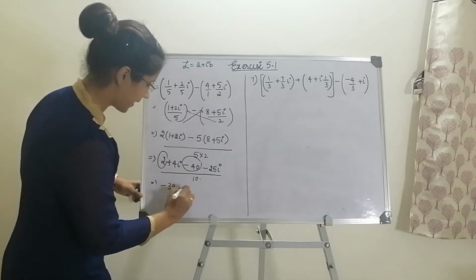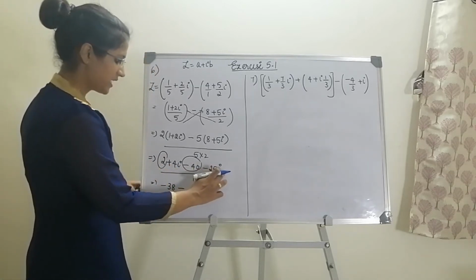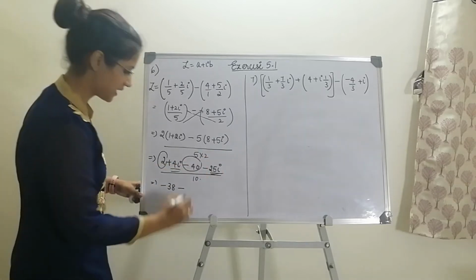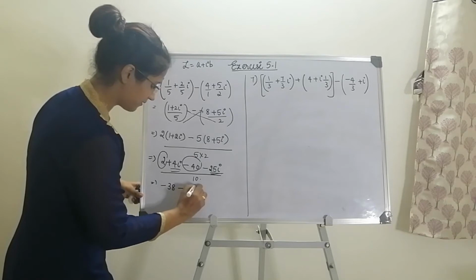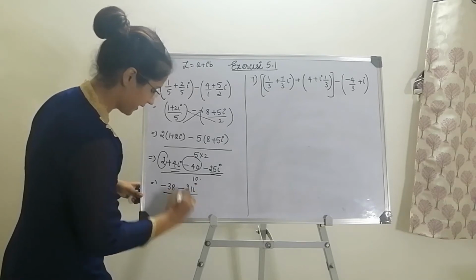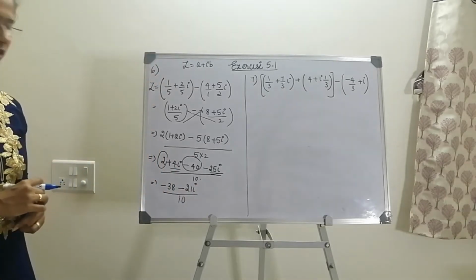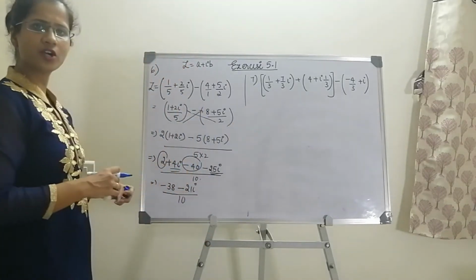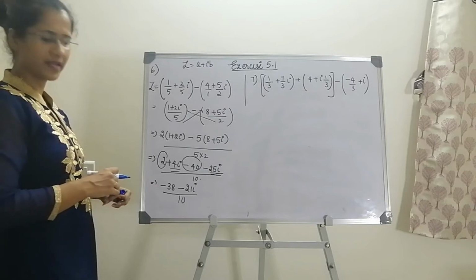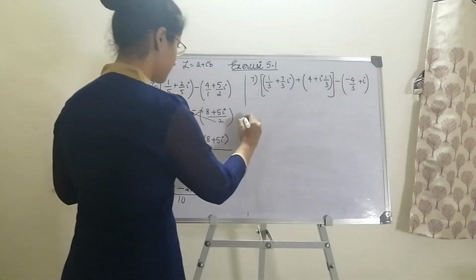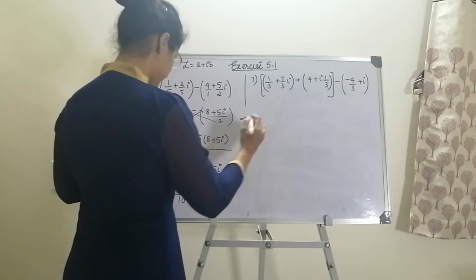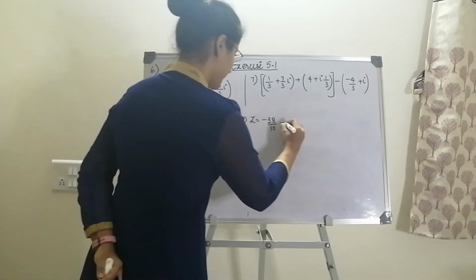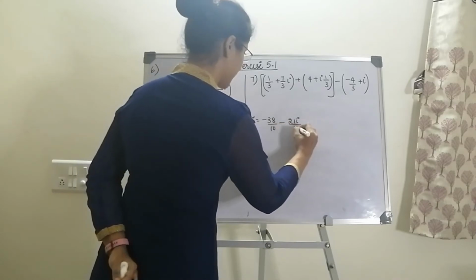Then I have minus of minus 25i plus 4i, which will give me minus of 21i, whole divided by 10. Now further proceeding with this particular problem, still I have not got it in the form of a plus ib, right? See, if I bifurcate the terms, then this can be written as z is equal to minus 38 by 10 minus 21i divided by 10.